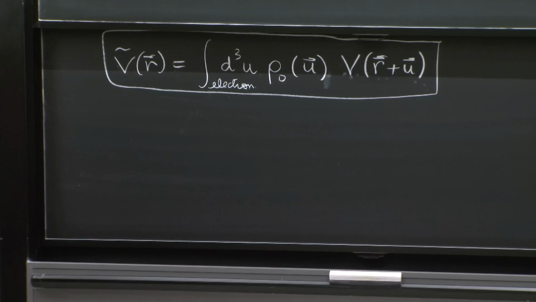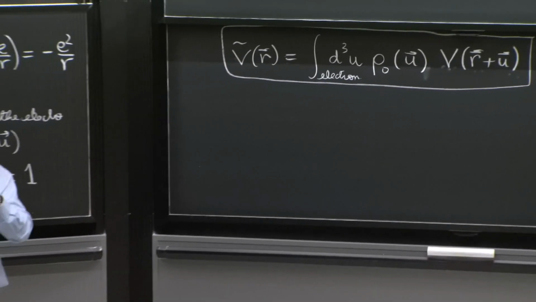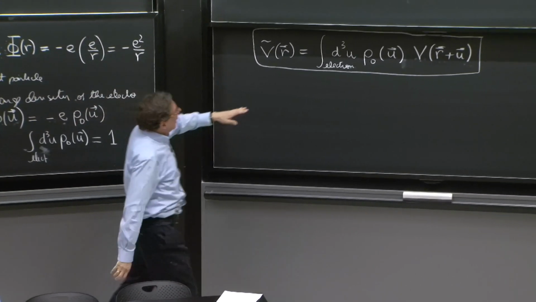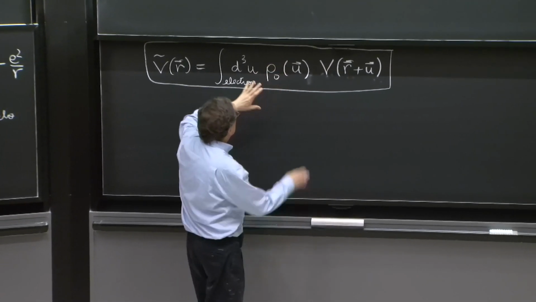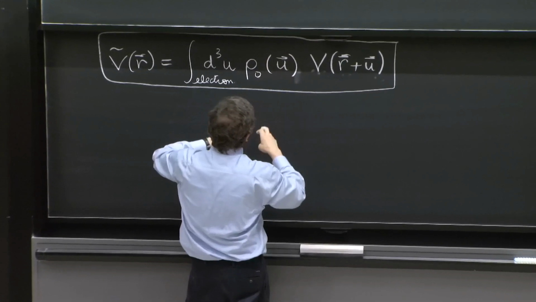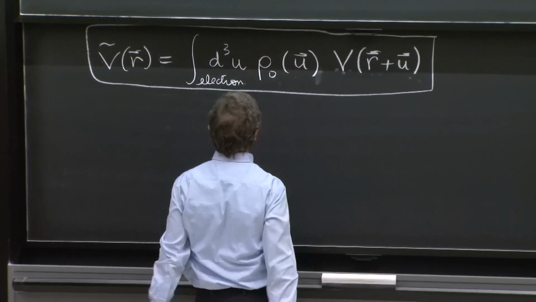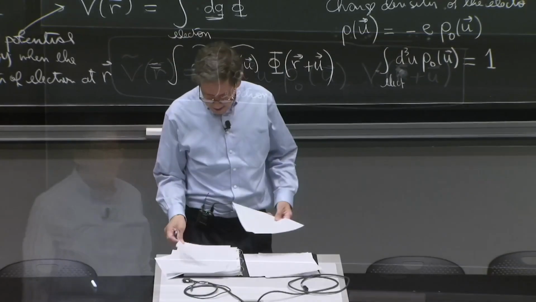So this is a formula that represents our intuition. And moreover, it has the rho 0 here that tells you the weight that you should apply at any point, because this rho 0 is proportional to the charge.